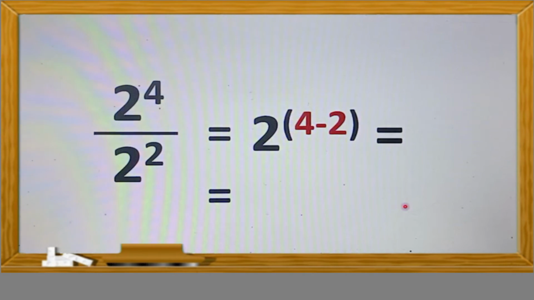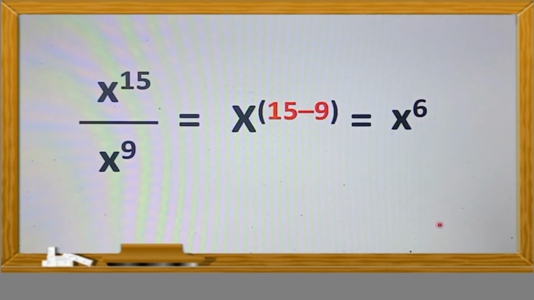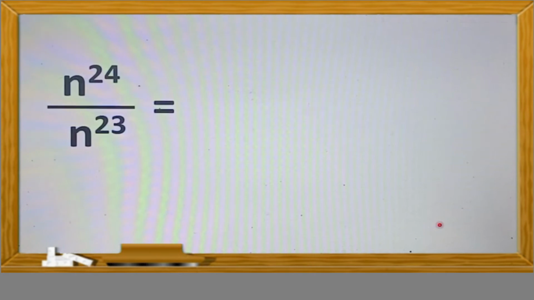We have 2 raised to 4 minus 2, which is equal to 2 raised to 2, or 2 times 2 is equal to 4. Another: x raised to 15 over x raised to 9. So we have x raised to 15 minus 9, which is equal to x raised to 6.